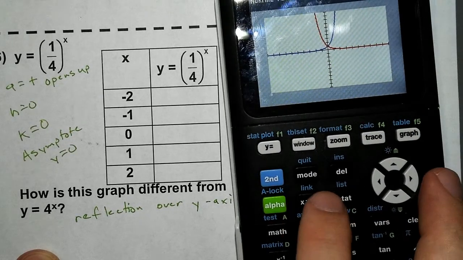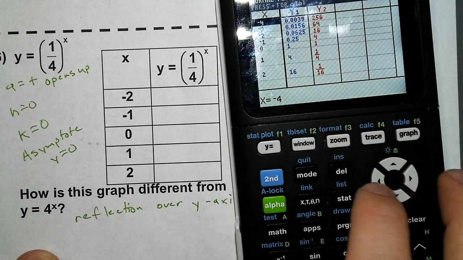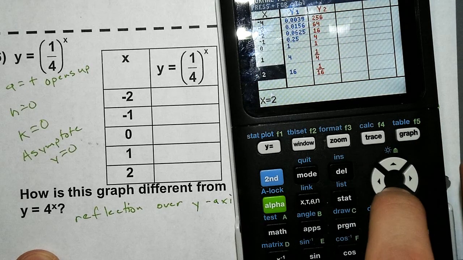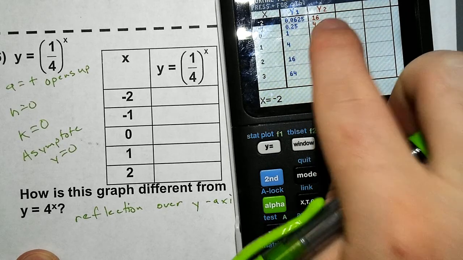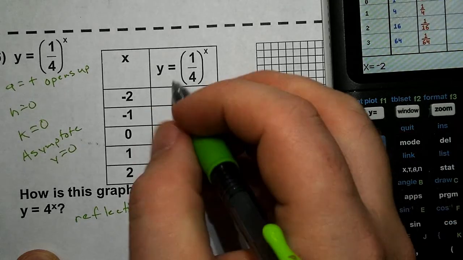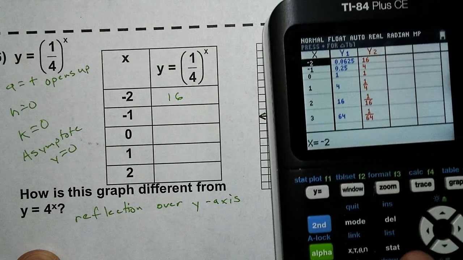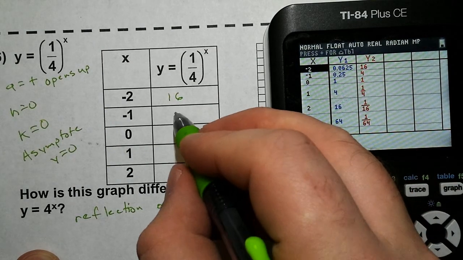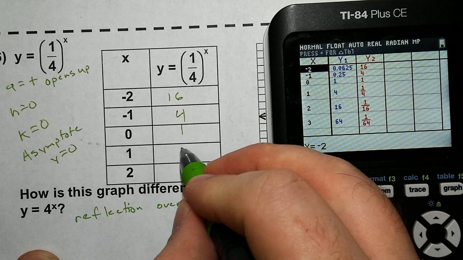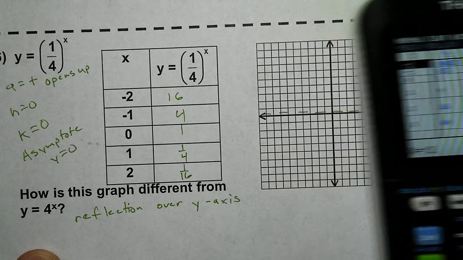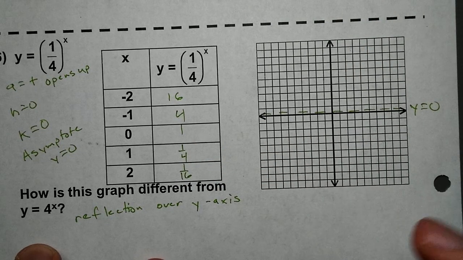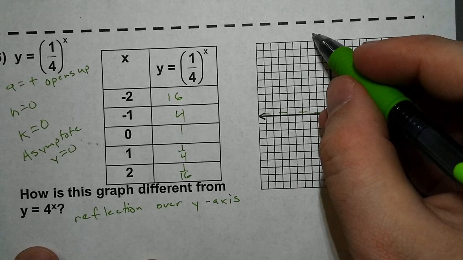To get our points, let's use a shortcut. So second table, and let's go through this. So I need to be at negative 2, so that would be 16, 4, 1, 1/4, and then 1/16. Now graphing those, negative 2 up to 16, that's off the graph.